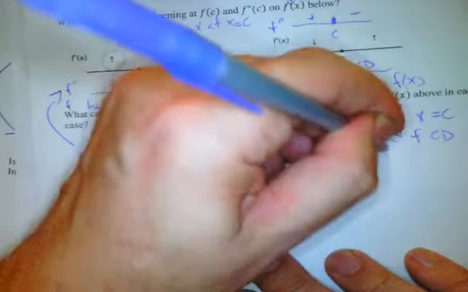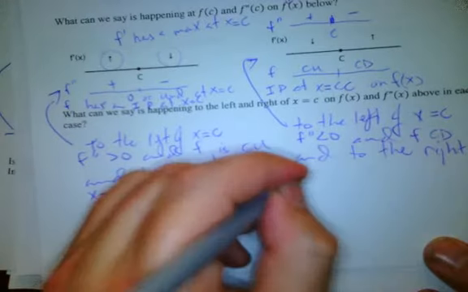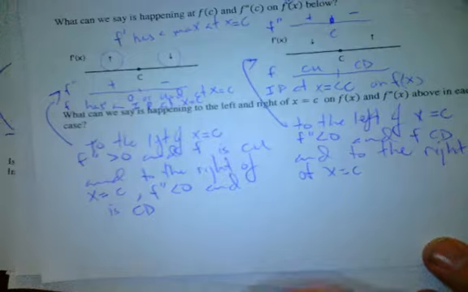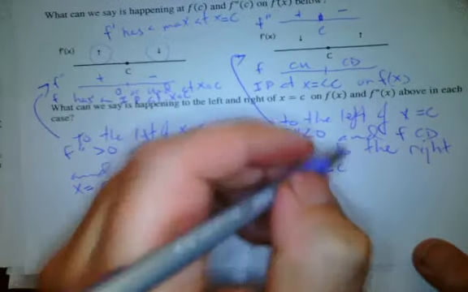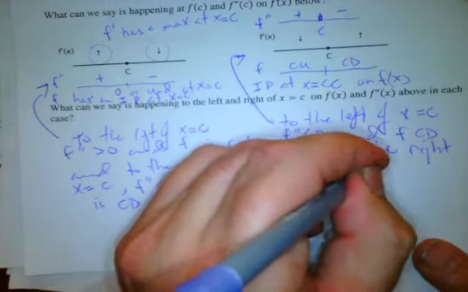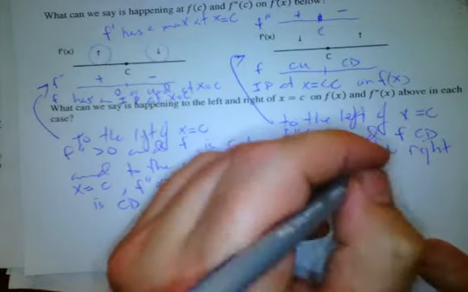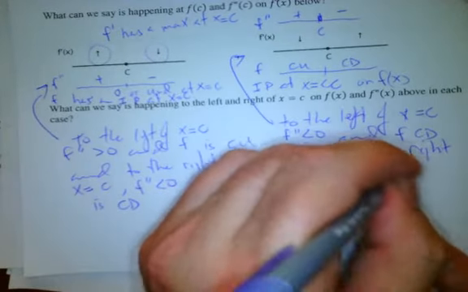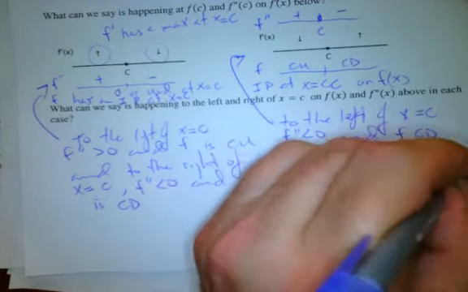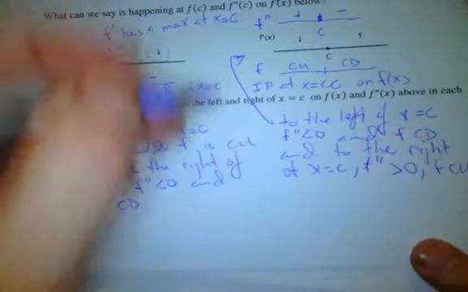That's for this situation. And then for this situation, I would say to the left of x equals c, f double prime is less than 0, and f is therefore concave down.